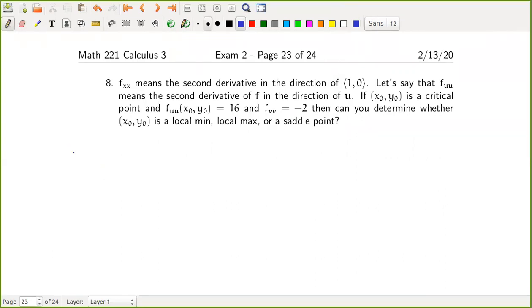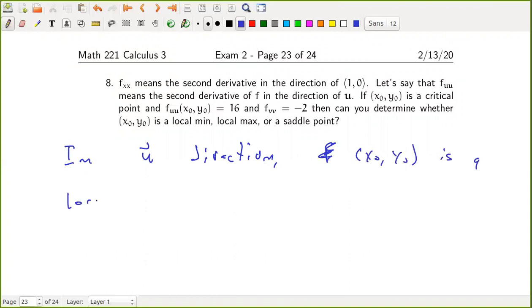Well, the idea here is that in the u direction, the point x naught, y naught is a local min. Why is it a local min? Well, the second u derivative is greater than 0.